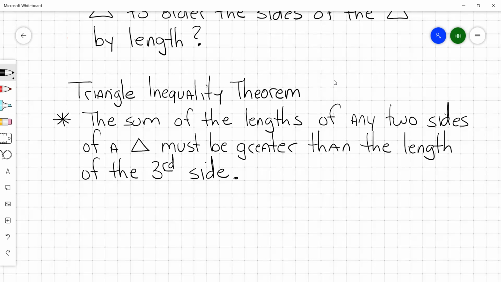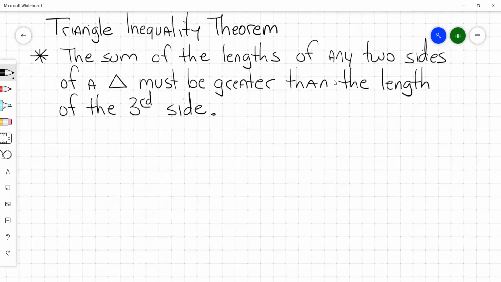The sum of the lengths of any two sides of a triangle must be greater than the length of the third side.